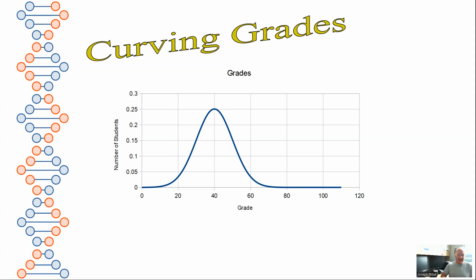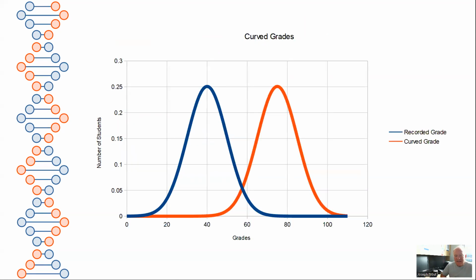So in this case, what we'd like to do is adjust the test because obviously it seems like it was way too hard. What we'd like to do is take this distribution and center it over about 75, whatever it should be, and have it so that the highest person gets around 100.